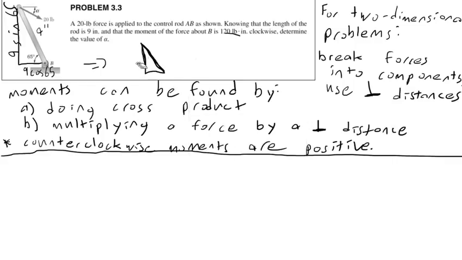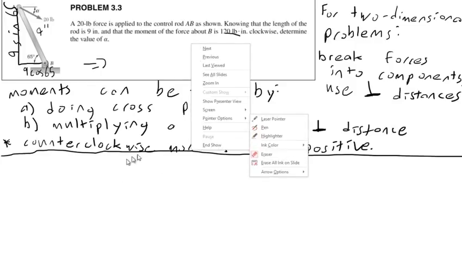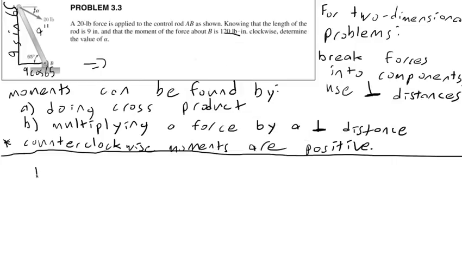I think it'd be better if I write over the prompt a bit. Or maybe I'll write it down there. So I'm going to have this triangle here. This is 9 cosine 65, which is 3.804.